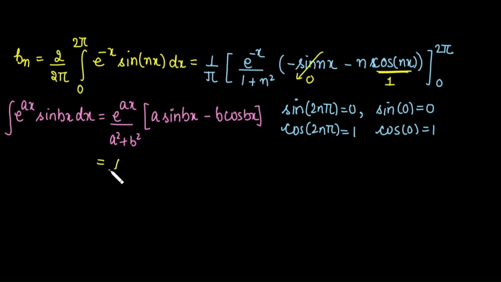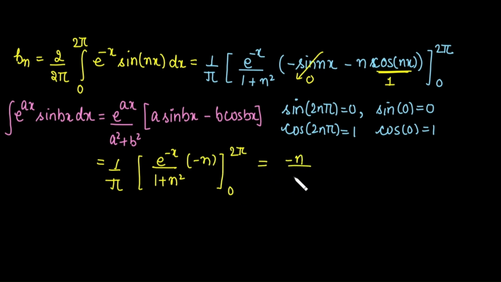Finally, we have 1 upon pi, e raised to power minus x divided by 1 plus n square, and over here we have minus n. Limits are 0 to 2 pi. This is equal to minus n outside divided by 1 plus n square into pi, e raised to power minus x, and x limits are 0 to 2 pi.